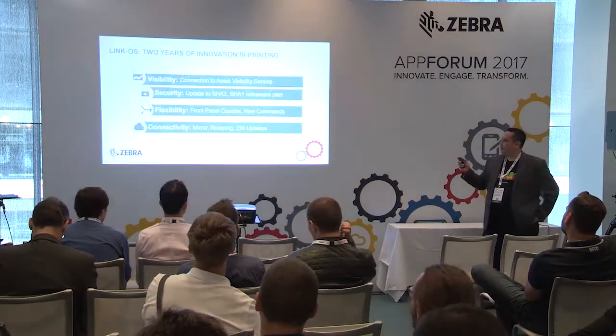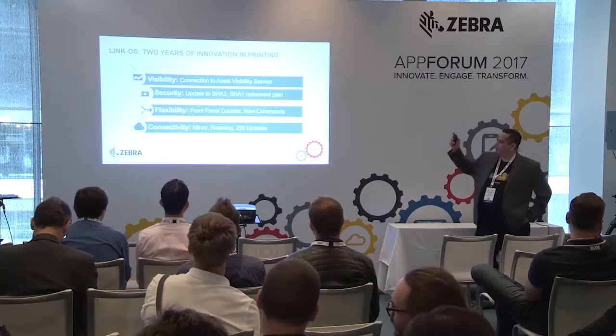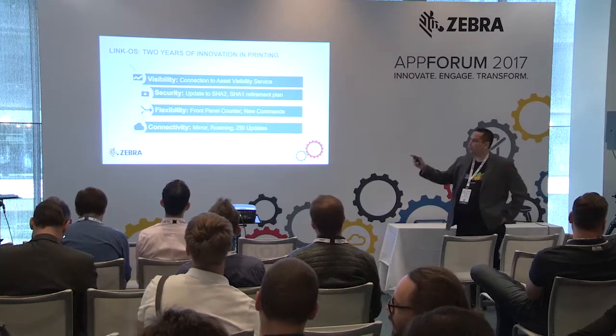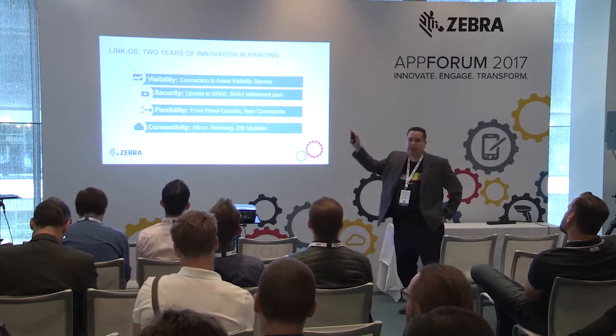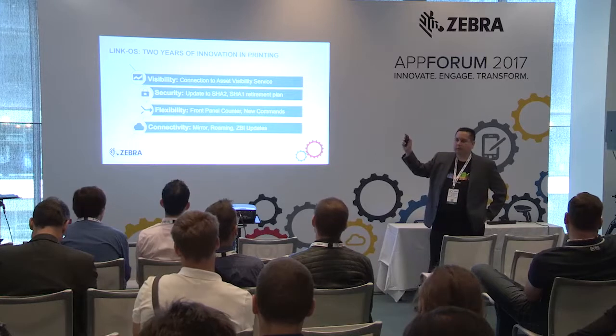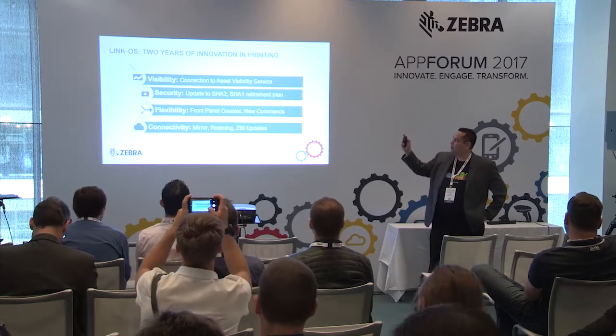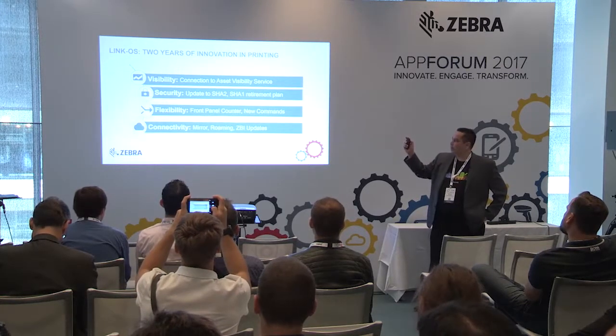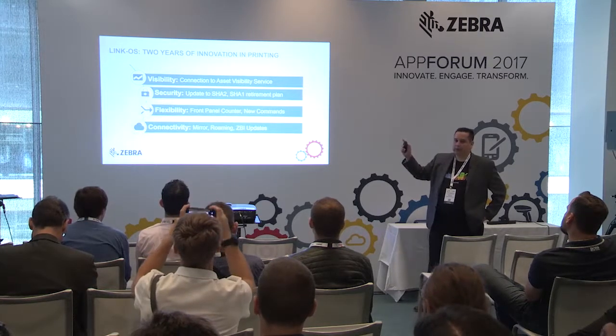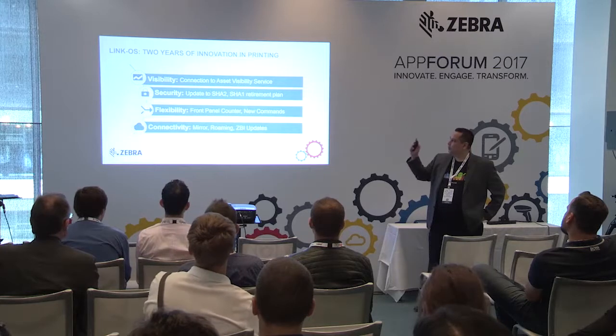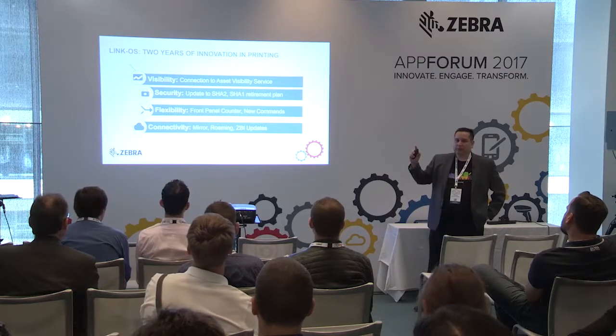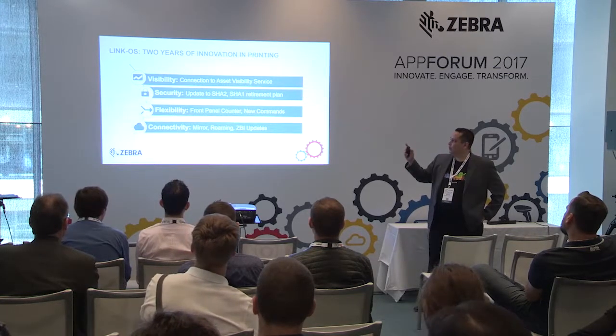Firmware updates. I'm going to go quickly over this. Basically, it comes in 4 different directions. The first one is visibility, which comes through the connection of the Access Visibility Service that we have now. Security, updating to the new standard, SHA2. Flexibility, we implement 2 main features from panel counter.